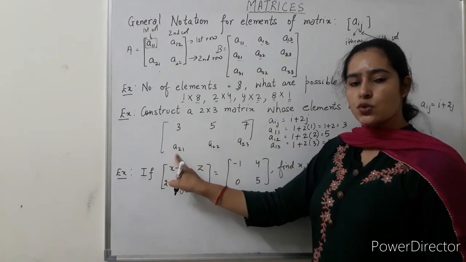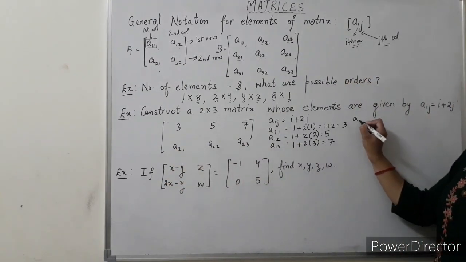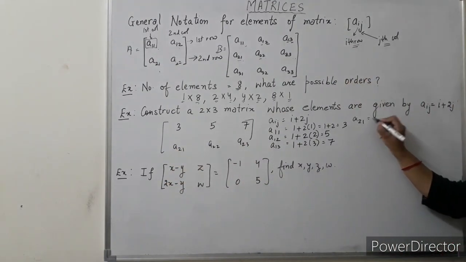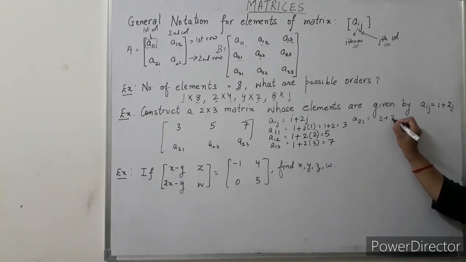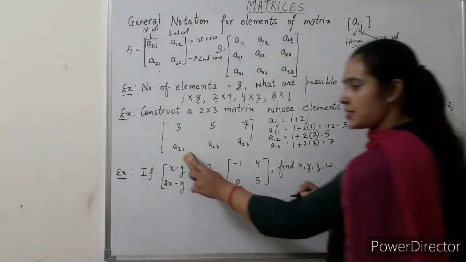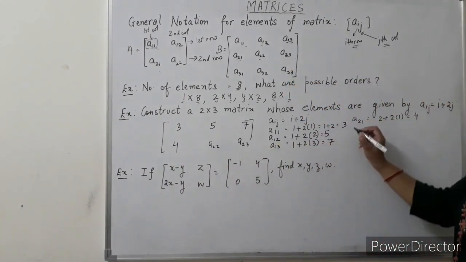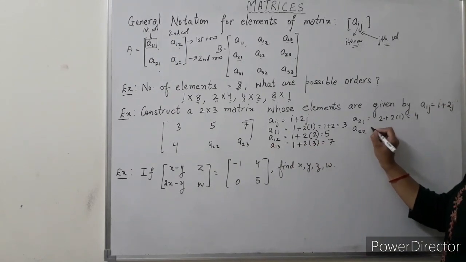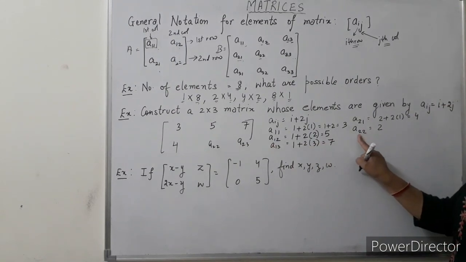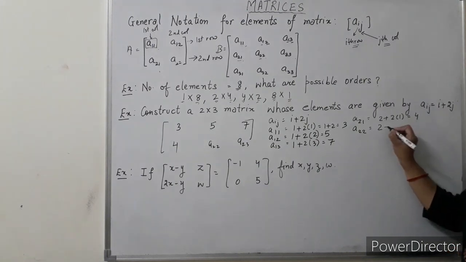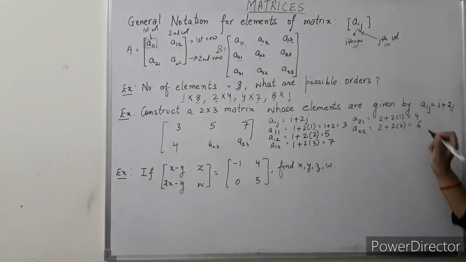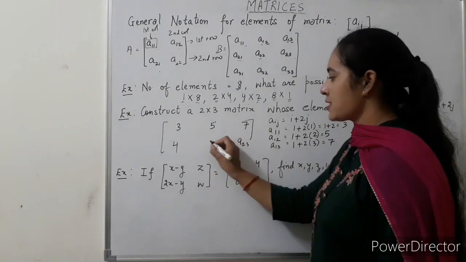Next is A21. i is 2, j is 1. This is 2 plus 2, 4. So this element is 4. Next is A22. Substitute the value of i is equal to 2 and j is equal to 2. You shall get 2 plus 4, 6. So write 6 here.